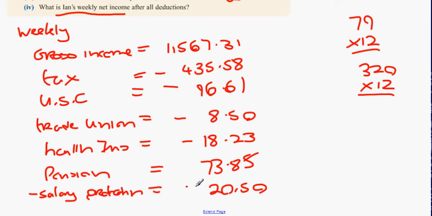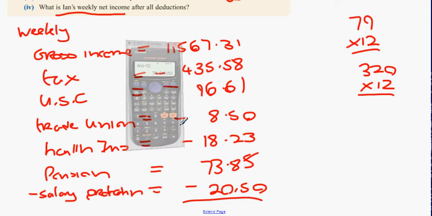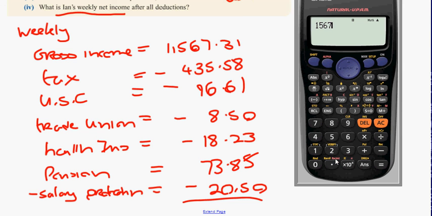So we have to take all this away from our earnings. 1567.31 minus 435.58 minus 96.61 minus 8.50 minus 18.23 minus 73.85 minus 20.50.